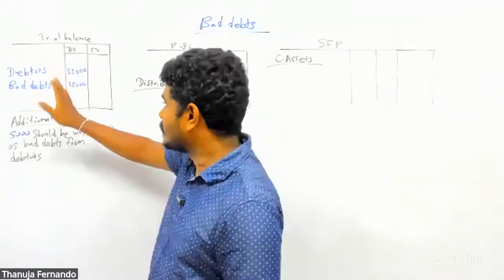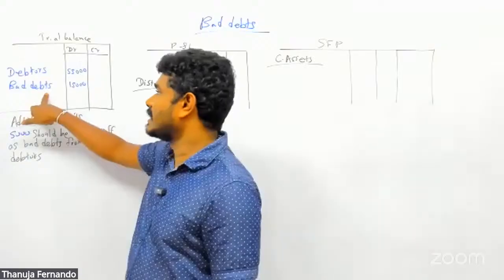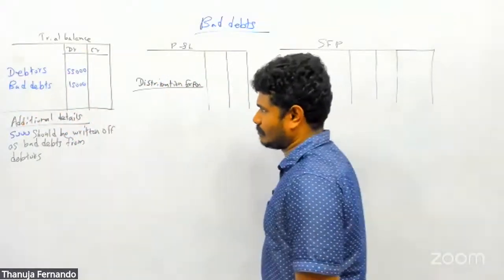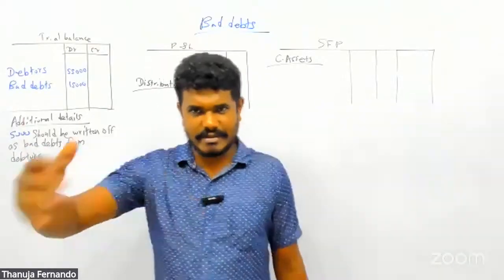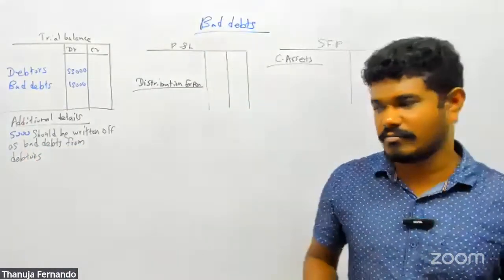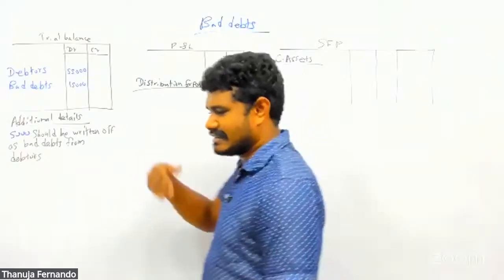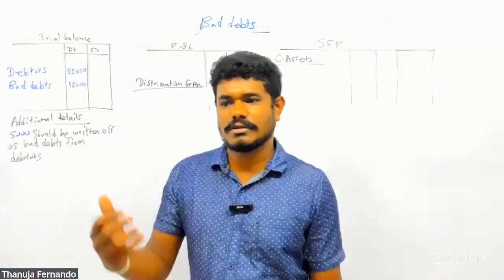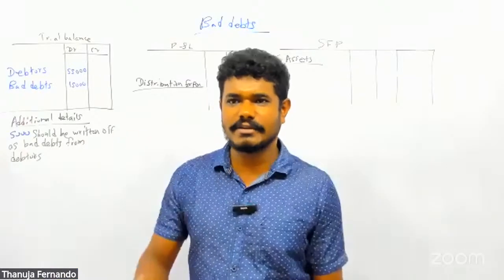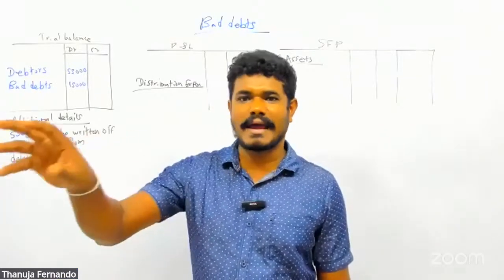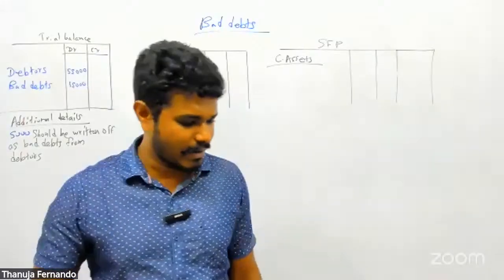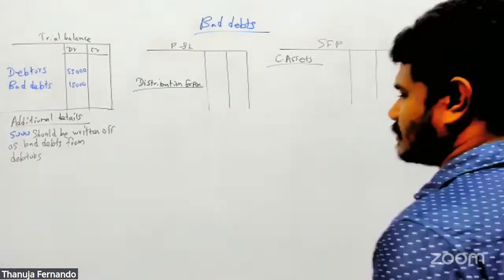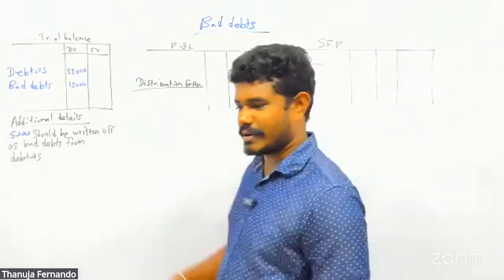It means before this bad debt, debtors were 70,000. So we are preparing this for 1 year. Within that year, there are many times the management decide to consider some bad debts. Not only one time. Sometimes it may be two or three times that we write off bad debts from debtors.